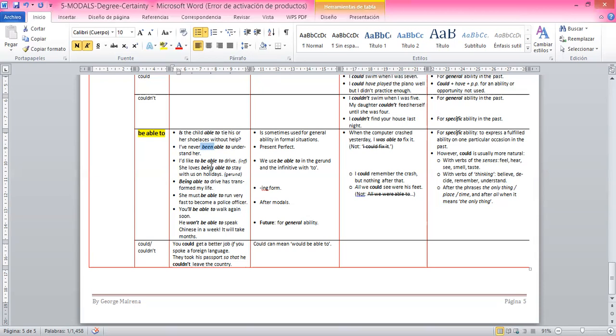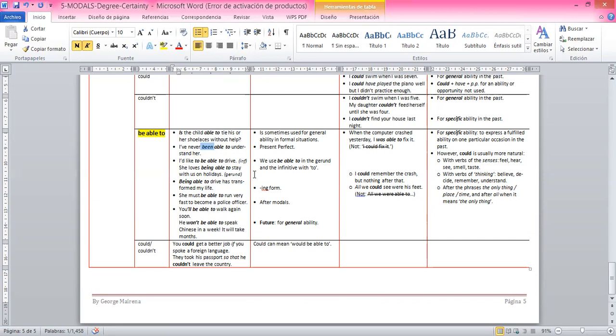She loves being able to stay with us on holidays. What does it mean? Both are in the present because we have be able to. But what is the difference? In the first one, I'd like to be is an infinitive, and she loves being is a gerund, but the meaning is the same.